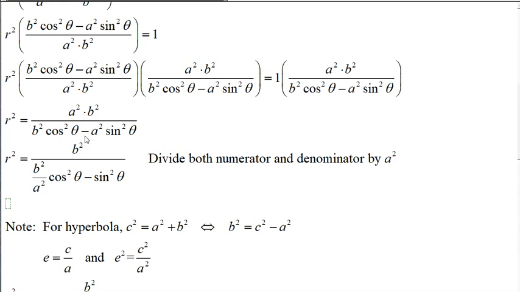And now divide each term in the denominator by a squared. This term divided by a squared gives b squared divided by a squared times cosine squared theta. And then a squared divided by a squared is just 1, so we get 1 times sine squared theta.